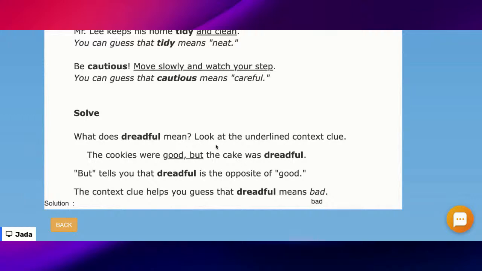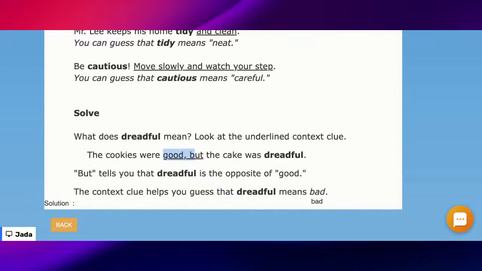Now, you have to look at the underlying context clue here, which is "good but." If the cookies were good, but the cake was this, you will know that the cookies are good, but something is wrong with the cake. So what will be the problem now?